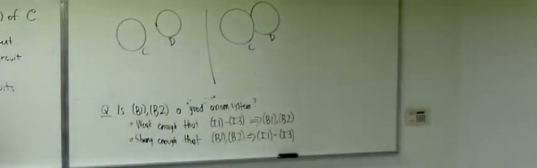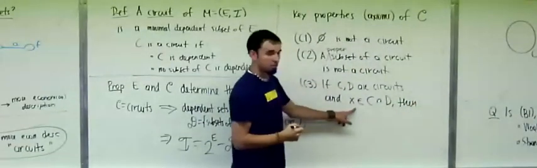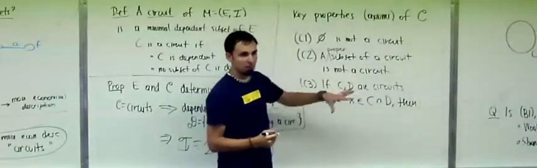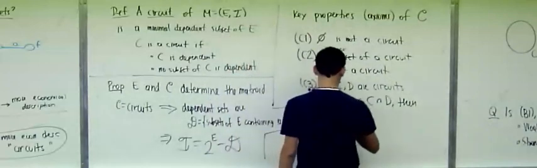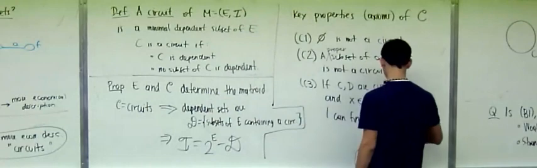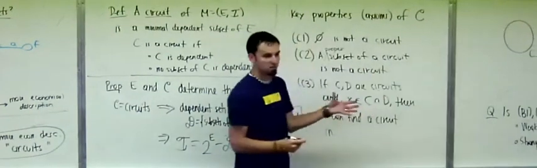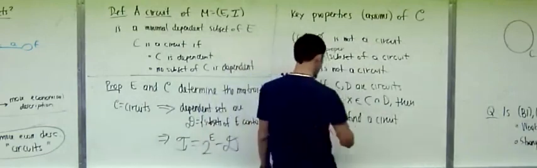If C and D are circuits and they have something in common, then I don't need that X. I can find a third circuit that doesn't use it. And I can find a circuit which basically uses C and D and doesn't use X.